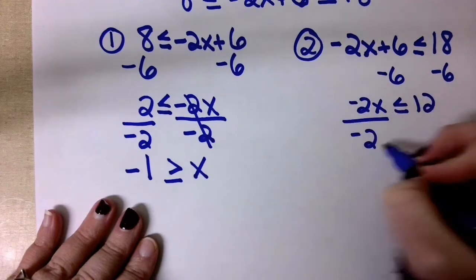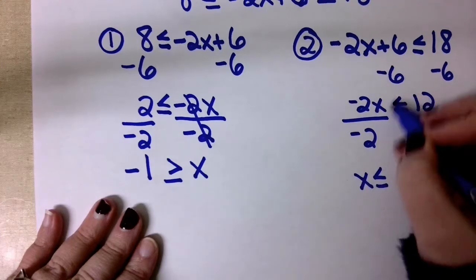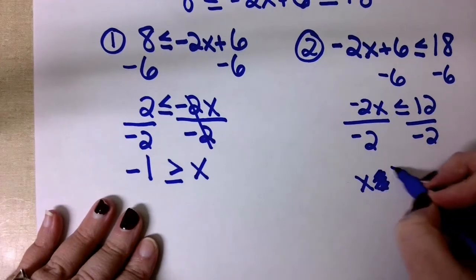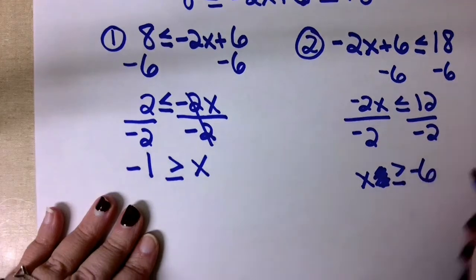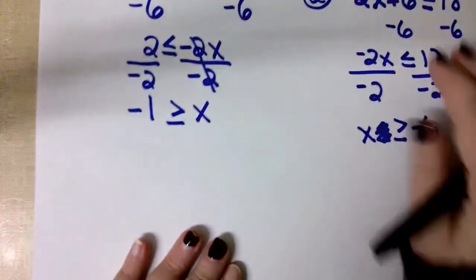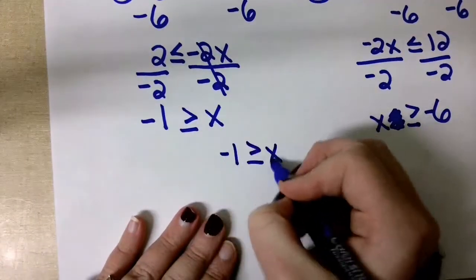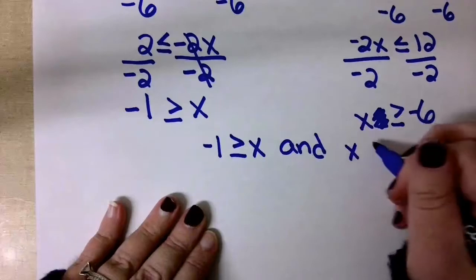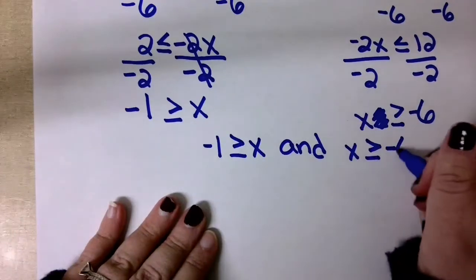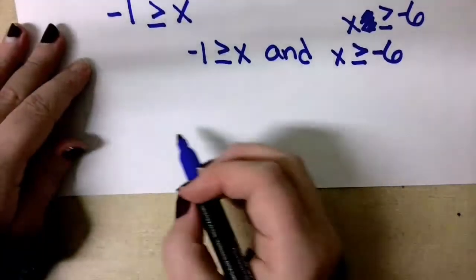Divide by negative 2. Because I'm dividing by a negative, my sign flips, and 12 divided by negative 2 is negative 6. So you're going to have two inequalities. Negative 1 is greater than or equal to x, and because we had an "and" up top here, x is greater than or equal to negative 6. You would do the graphing the same exact way.